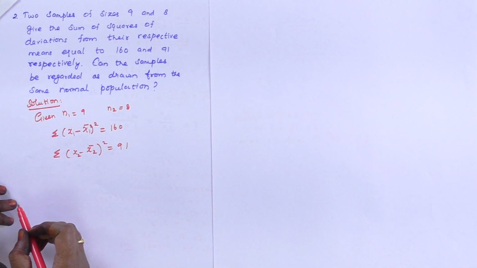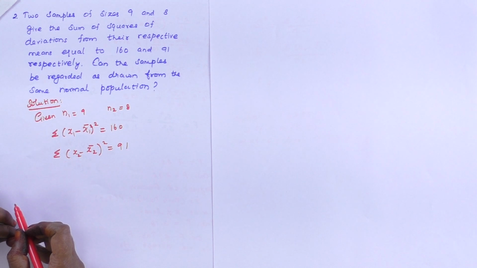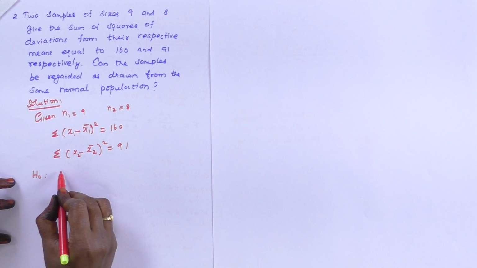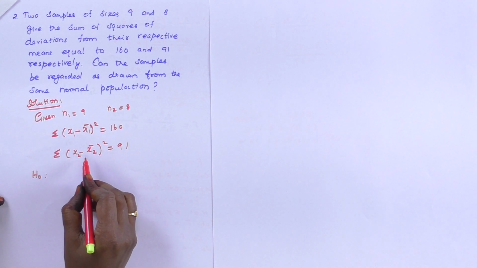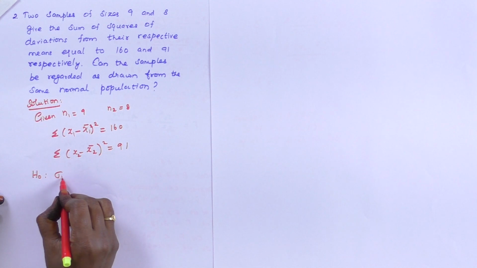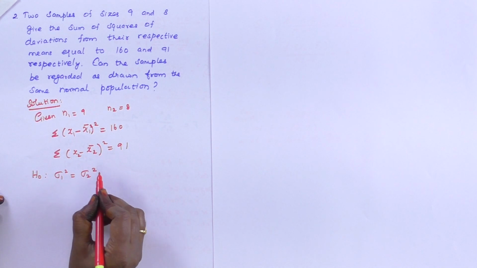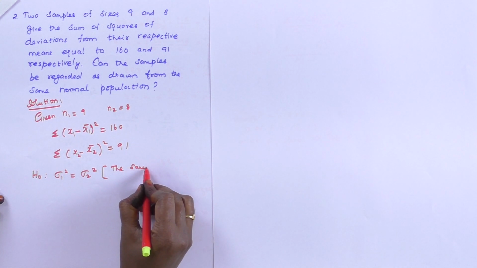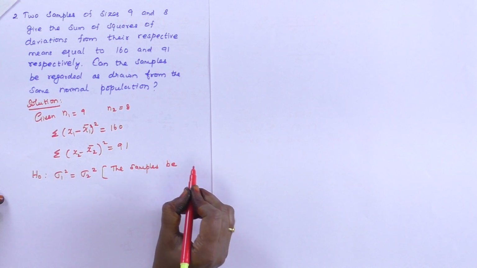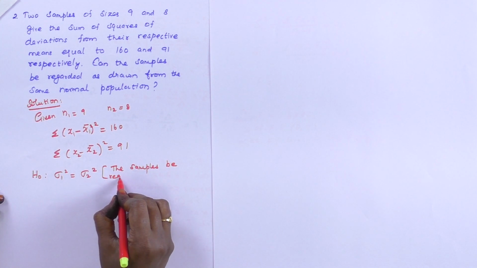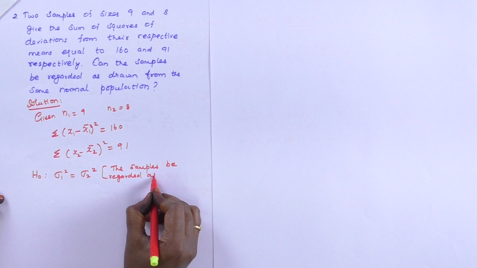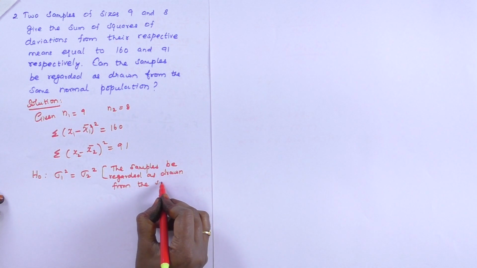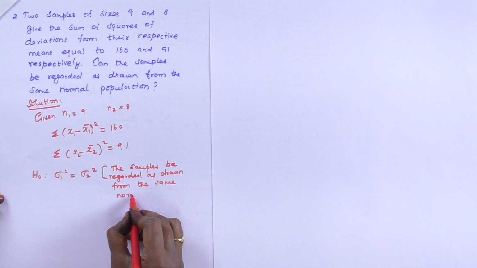Now we set up the null hypothesis and the alternative hypothesis. Null hypothesis H0: there is no significant difference between them, that is sigma 1 square is equal to sigma 2 square, that is, the samples may be regarded as drawn from the same normal population.